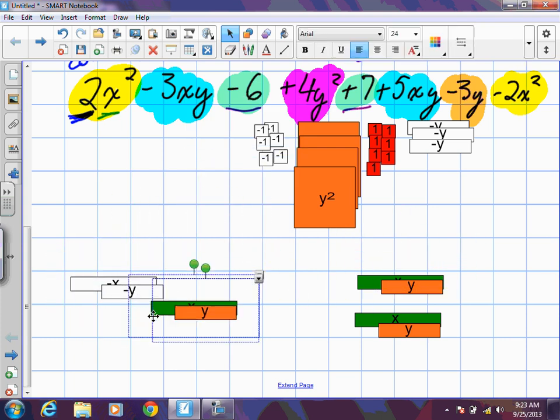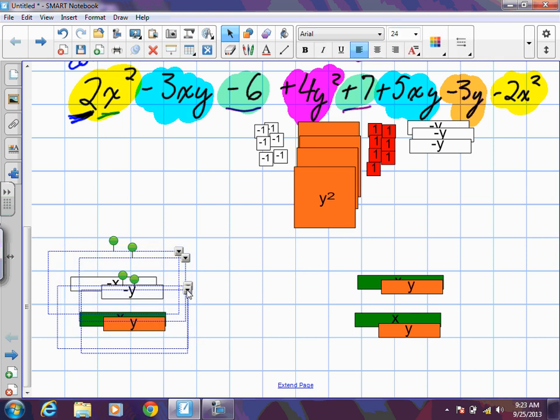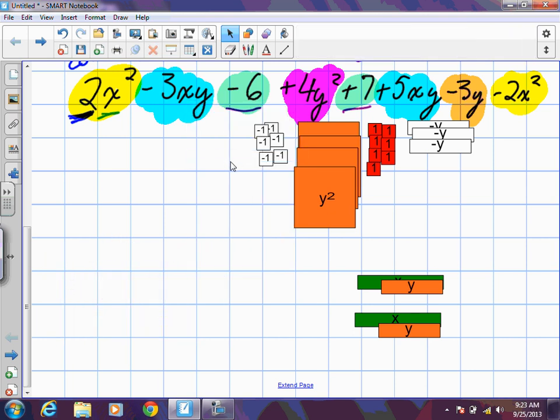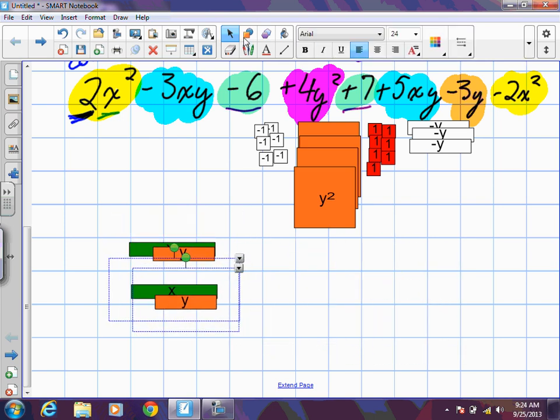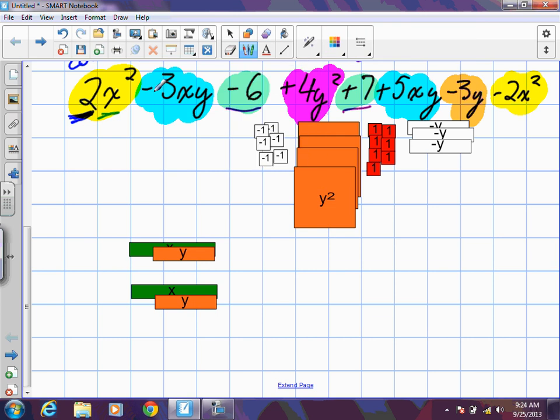I apologize, it takes me a bit of time. Okay, so I've eliminated all of our negative ones, so what am I left with? Positive 2xy, which again algebraically makes sense. Let's look at our values. What is negative 3 plus positive 5? It's 2. So we have 2xy to start the next line. Okay, so that's what we're left with.